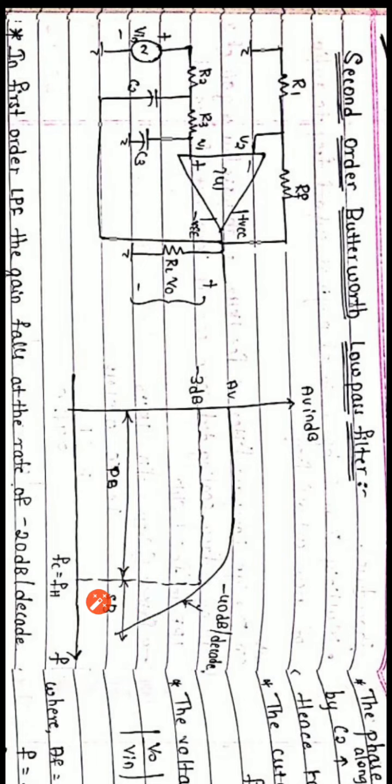But in case of second order, due to using two RC networks, the rate of fall of the gain increases by another 20 dB, hence it takes 40 dB per decade. It means the gain reaches 0 much faster. That is the only change when I compare the second order with the first order Butterworth low pass filter.